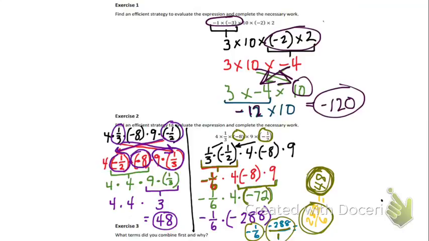Okay, and the question they ask you down here, number 3, is what terms did you combine first and why? Well, when I first did it, I first combined the fractions because I just wanted to get them out of the way and deal with the whole numbers on their own, and then apply the fraction with multiplication, because multiplying fractions with fractions is very, very easy.